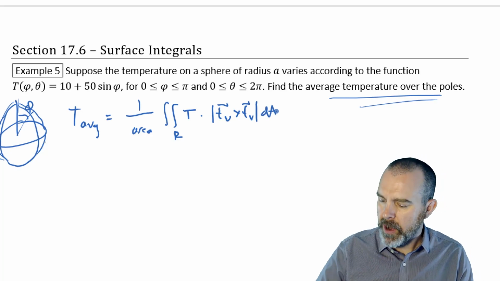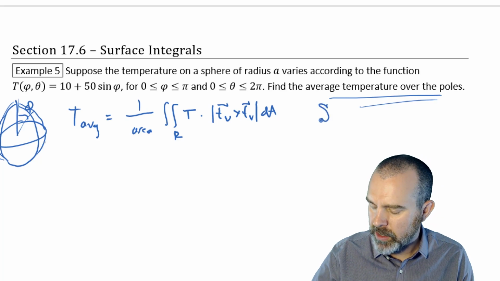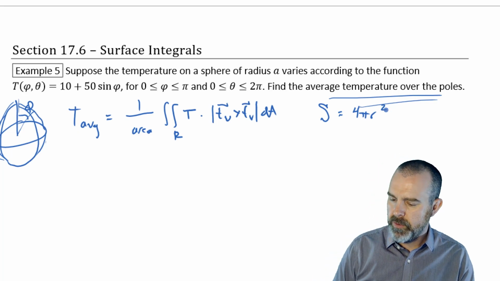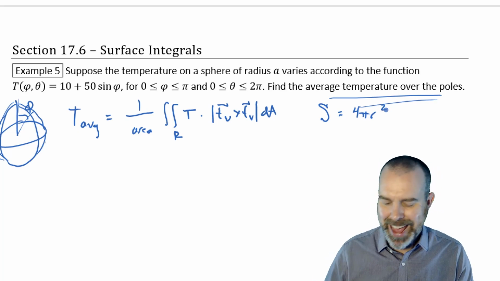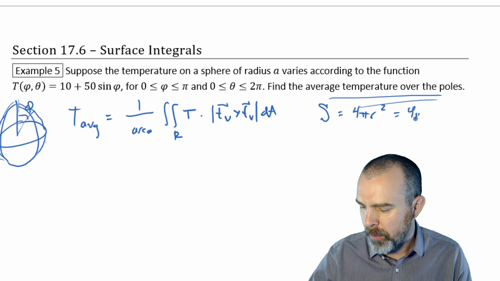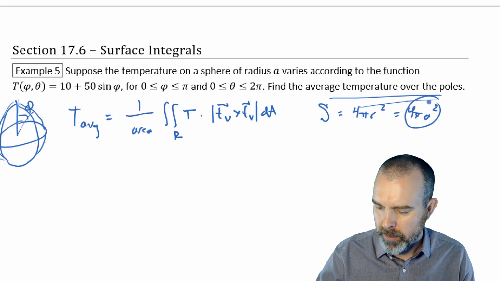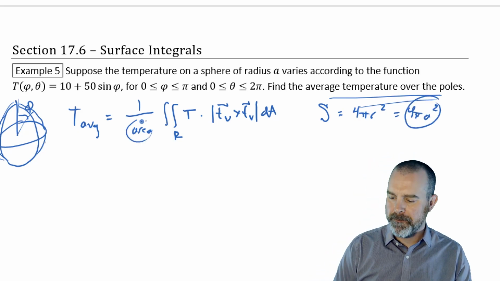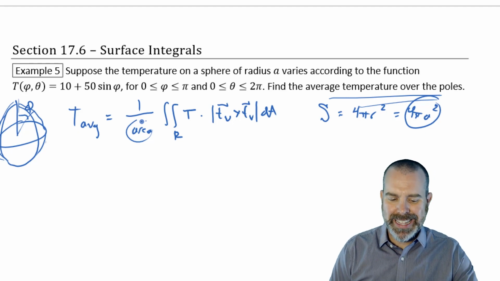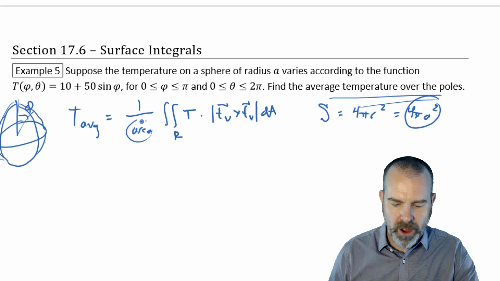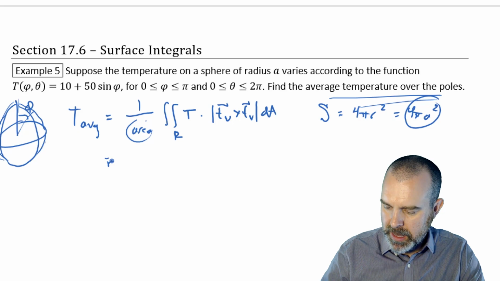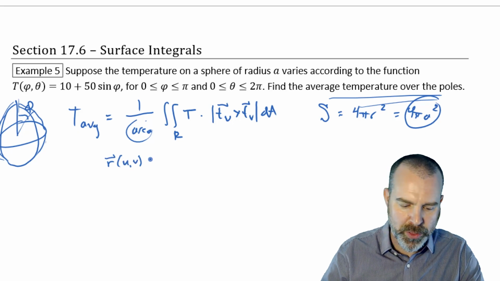All right, surface area of a sphere, we're actually not going to do that as a triple integral. The surface area of a sphere is 4 pi r squared. Ours is radius A, so ours will be 4 pi A squared. So we're going to put that in for the area when we're done. We do need to get a surface, and we have already done this in example 3.